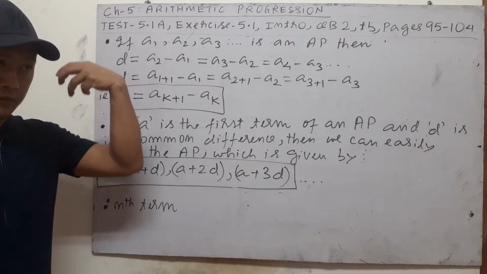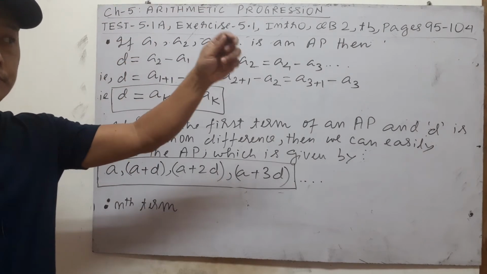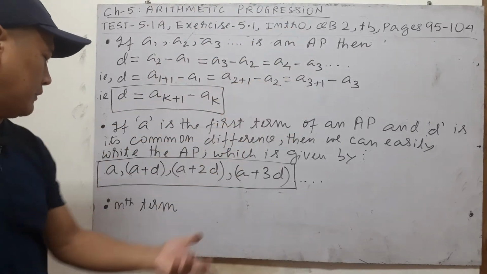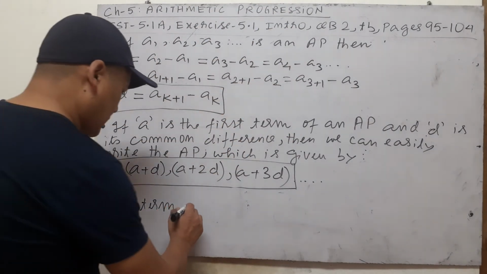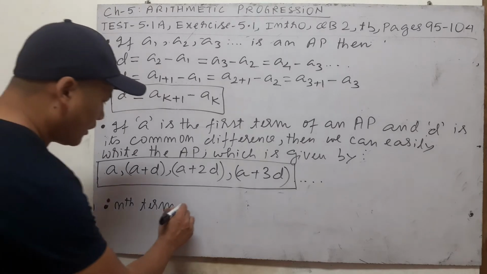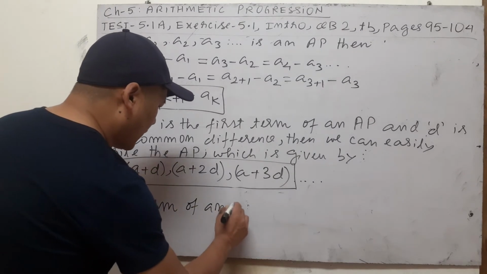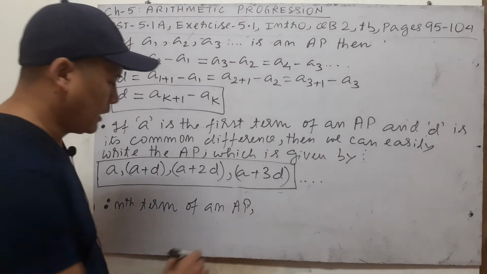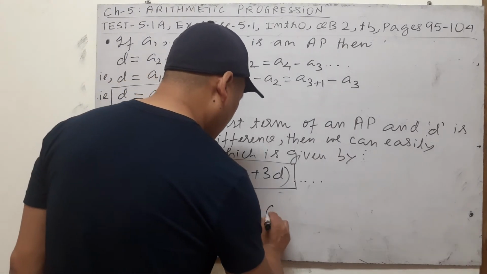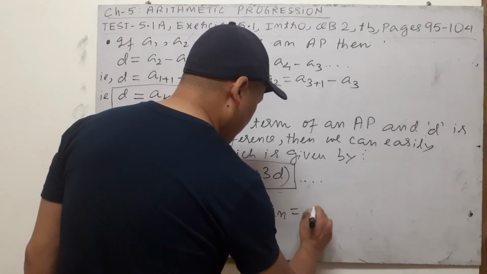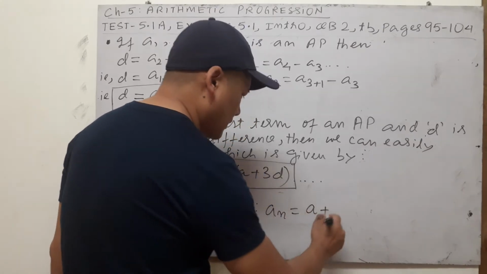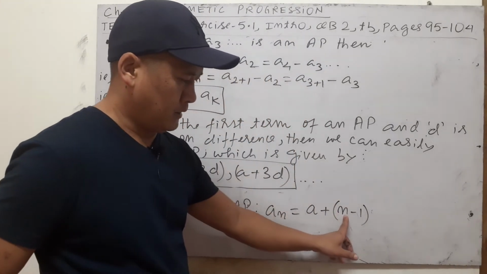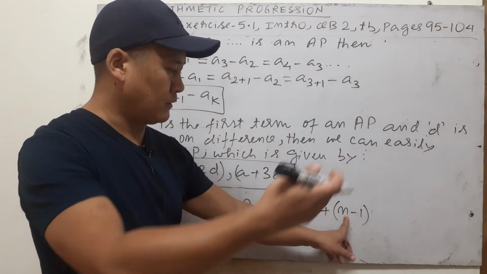So if you want to find out the value of a term in a particular position, the 5th position or the 25th position, the nth term of an AP is denoted by an, and is given by the formula first term plus n minus 1. That is, n is the position of the term that you're trying to find.